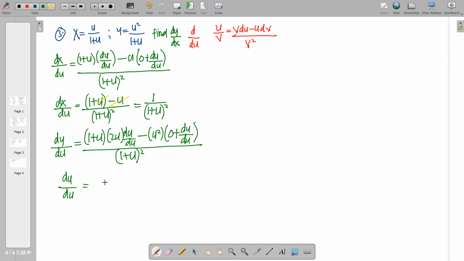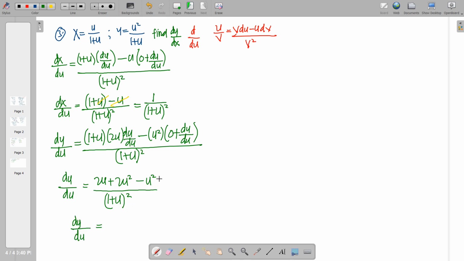So dy over du can be simplified by distributing first 2u here to the quantity 1 plus u, so it becomes 2u plus 2u squared less u squared all over 1 plus u quantity squared.